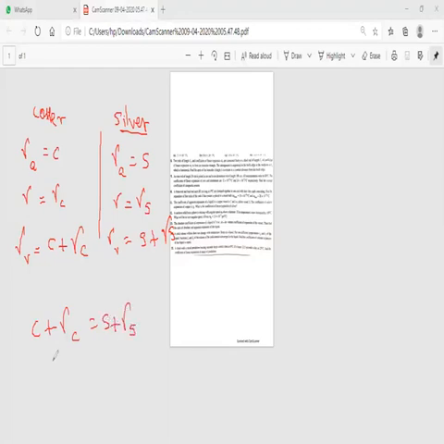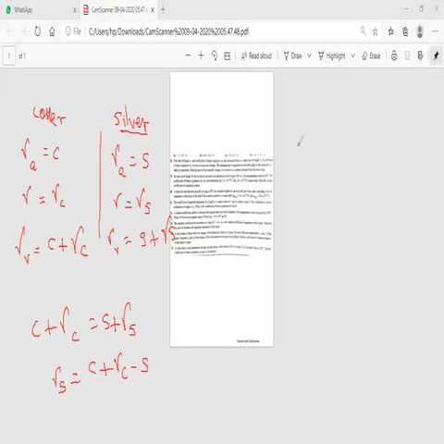So just by equating them in both cases, C plus gamma C is equal to S plus gamma S. Here you have to find gamma S. Gamma S is equal to C plus gamma C minus S. This is the value for gamma S, that means the coefficient of volume expansion for silver. But in the question you can clearly see that they are not asking for volume expansion. They are asking for the coefficient of linear expansion.